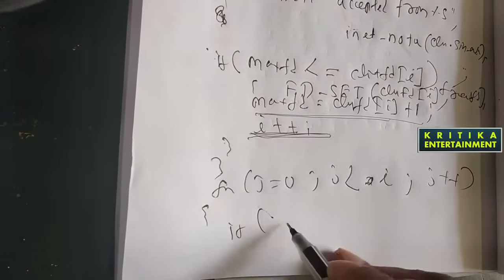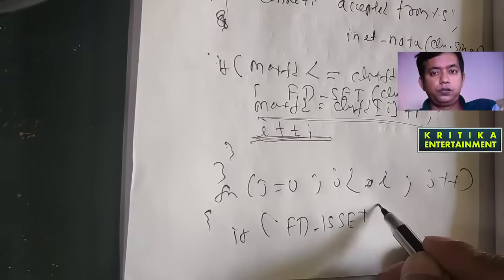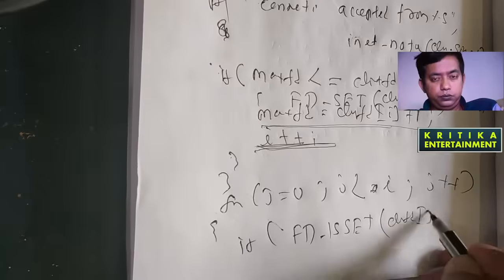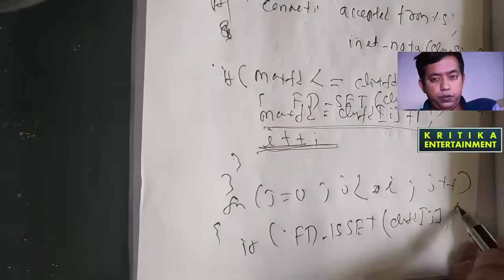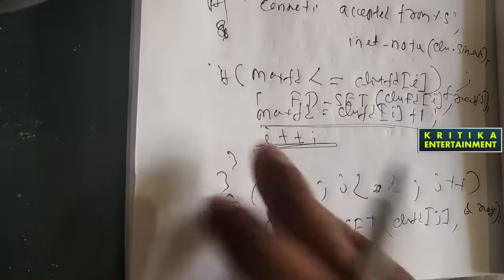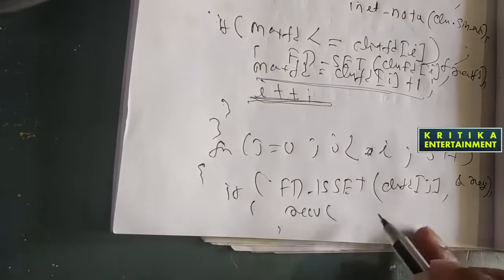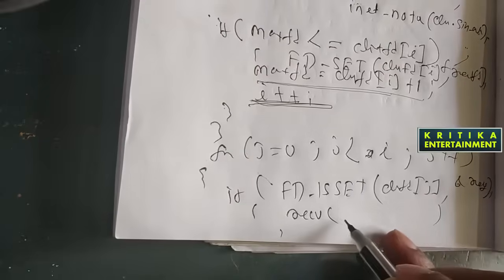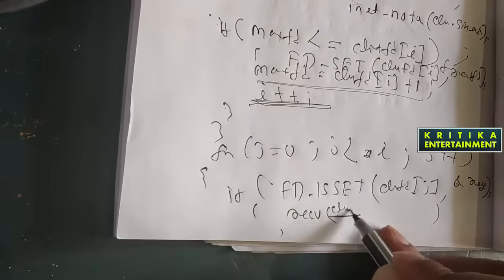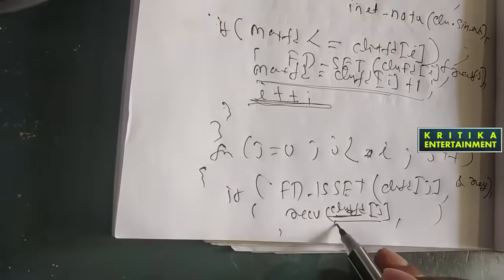If FD_ISSET, and what will I check? Now client FD[j] from the read FD set, ampersand read FD set. Then if there is some data, you can use the receive function to read the data. Then you will understand which FD will be written here. Inside here you will write client FD[j].